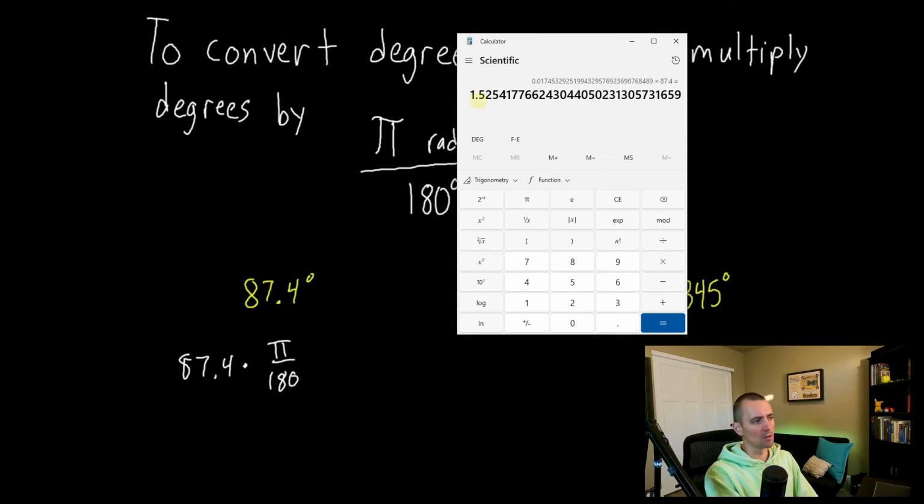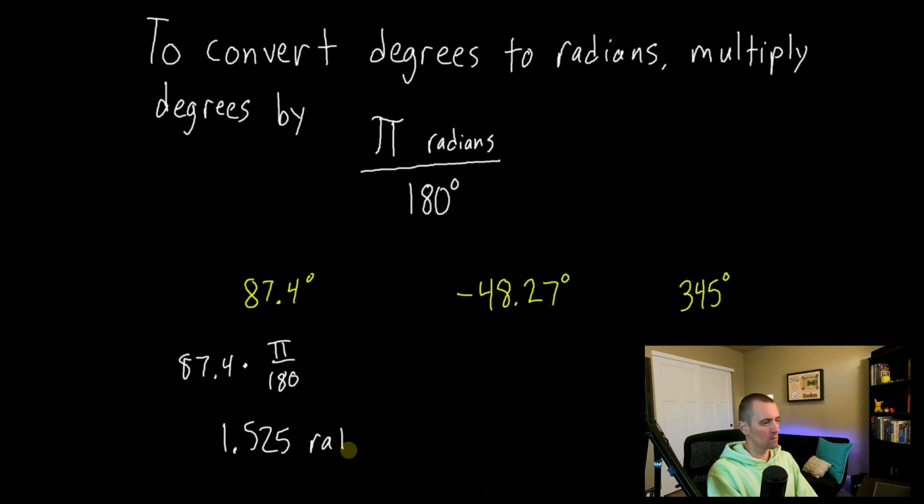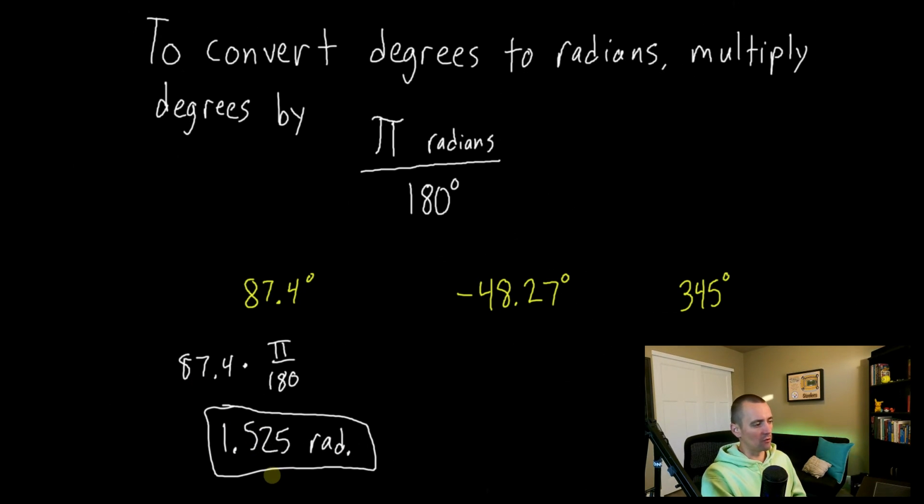And we get 1.525. Then again, we want to label that radians, or I'll just say RAD for short. So this is the conversion from 87.4 degrees into radians: 1.525 radians.